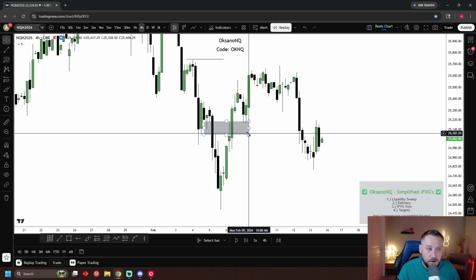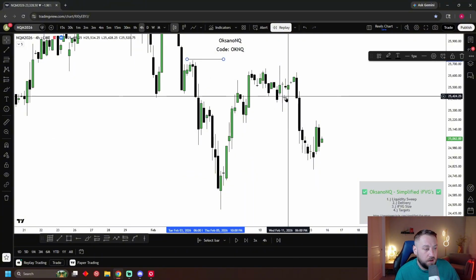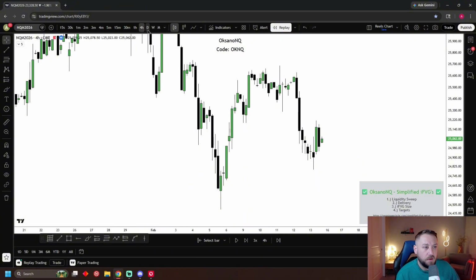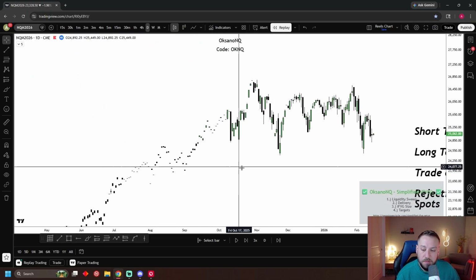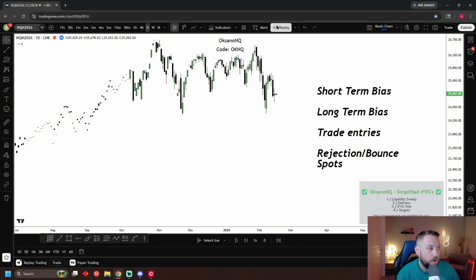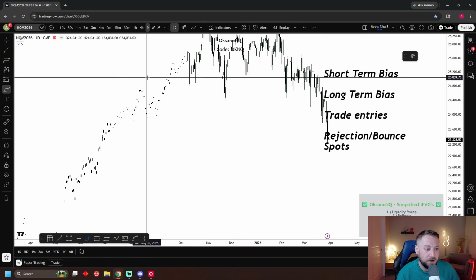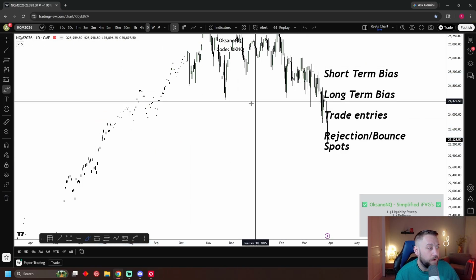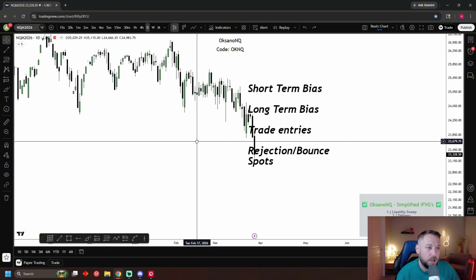So the 4 hour chart and 1 hour chart are my main uses for bias. It's very rare that we have to go above the daily. Lately we do, because we're so much lower than normal. On the daily chart, we don't really have candles right here on this current contract, so we're having to zoom out a lot lately because we're down quite a bit.